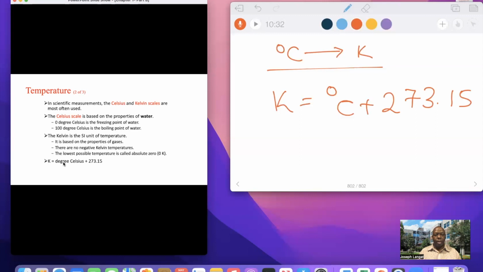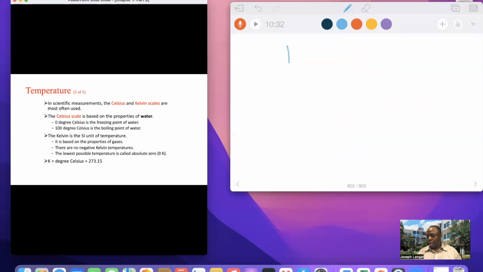When you see here, this is what is given in the problem, plus 273.15, converting the given degrees Celsius to Kelvin. This is what you'll be given to convert to Kelvin. And of course, given Kelvin, you can go from Kelvin to degrees Celsius.